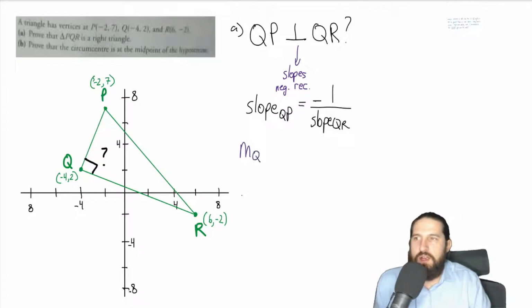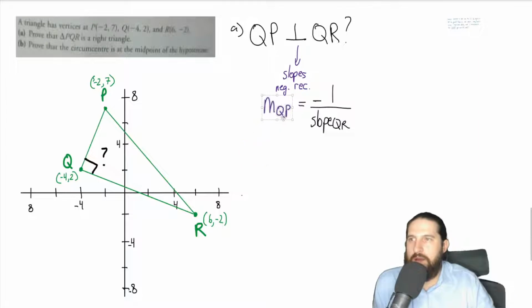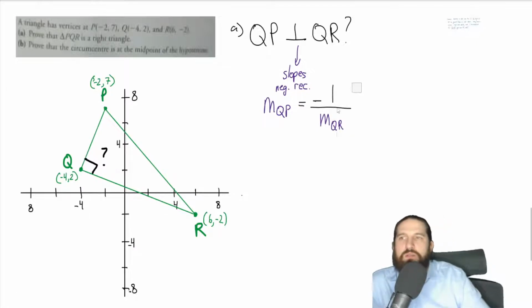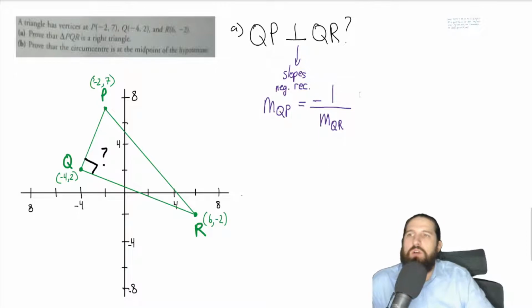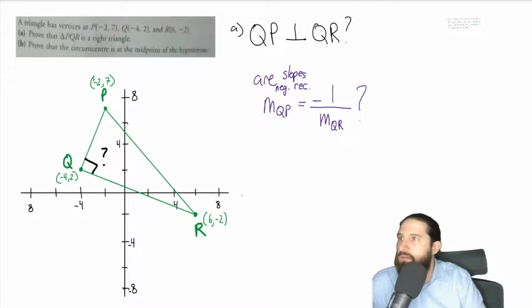So let's call that actually M_QP. So the slope is M. And we're asking about M_QR. Okay. And is it equal to -1 over M_QP, right? So let's just solve it. So M of QP and M of QR.